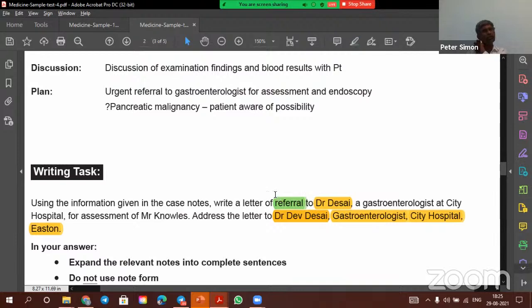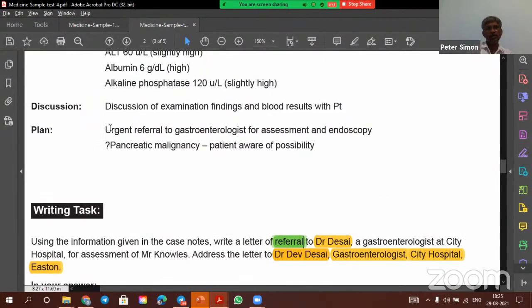And this is an urgent referral. Remember that.